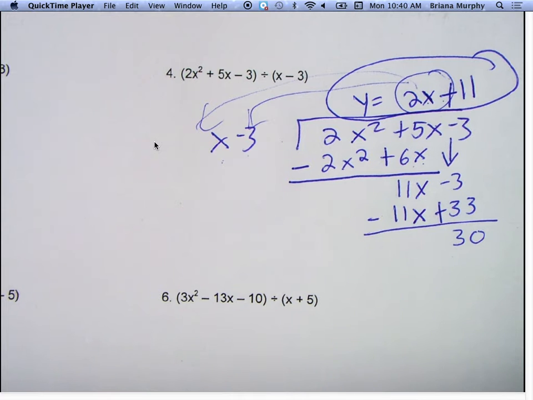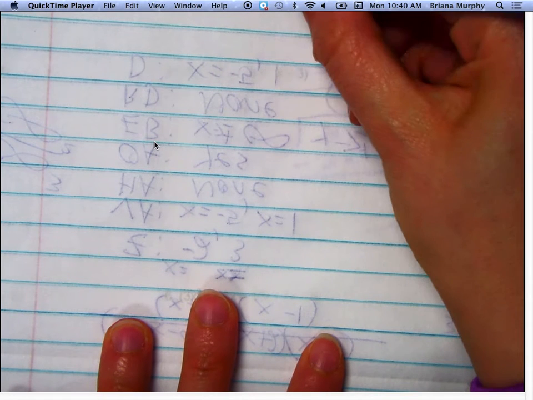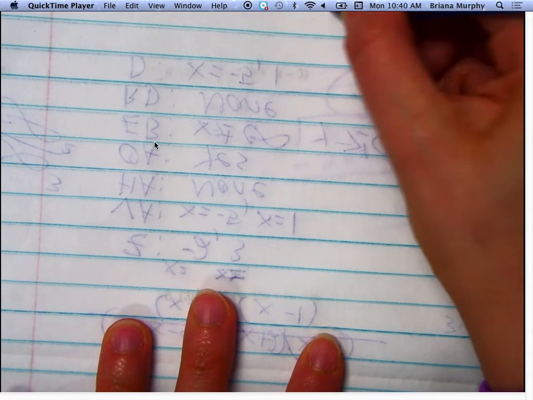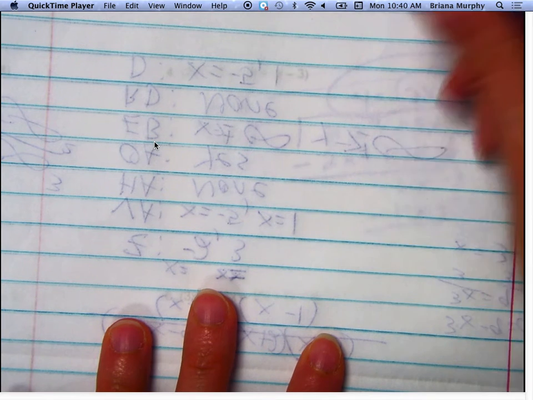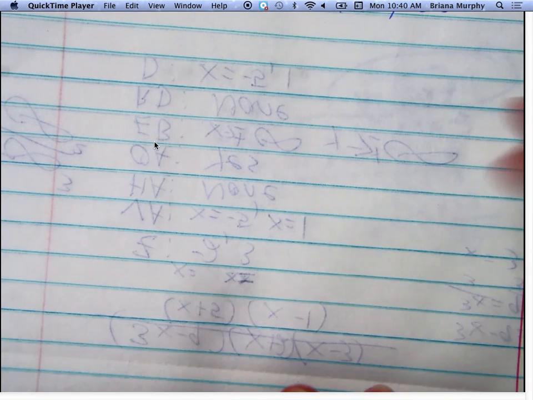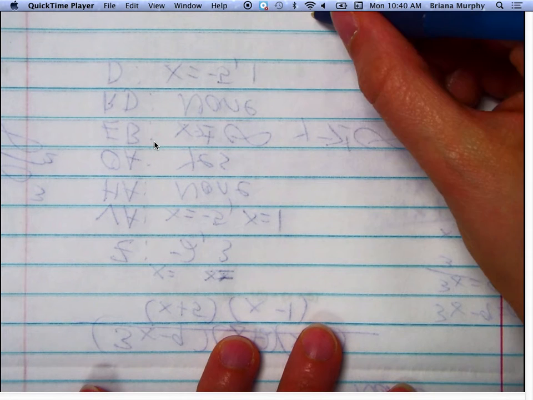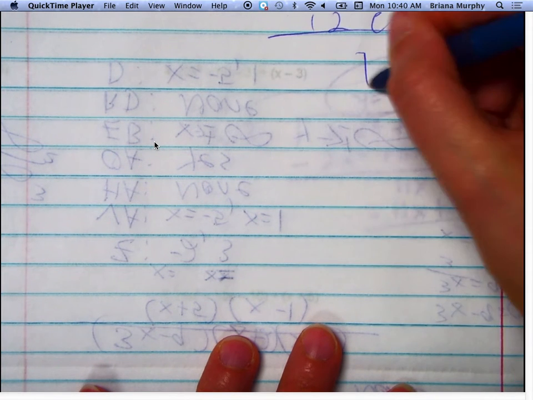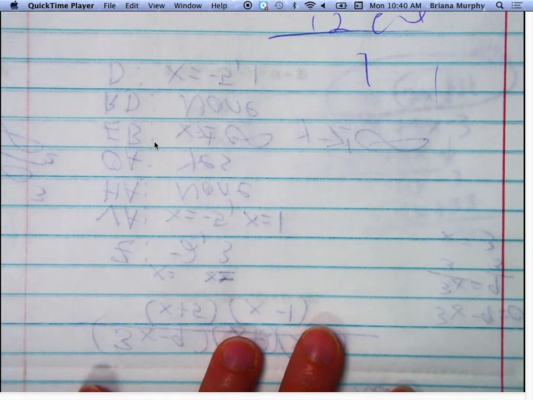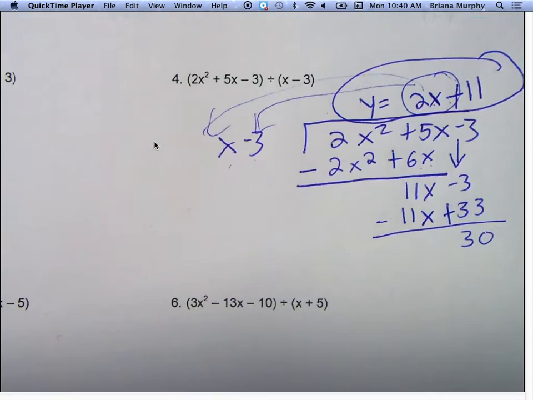Remember when we do any kind of division, we multiply by a number, write it down here and subtract, then pull stuff down. You remember basic division? That's what it is.